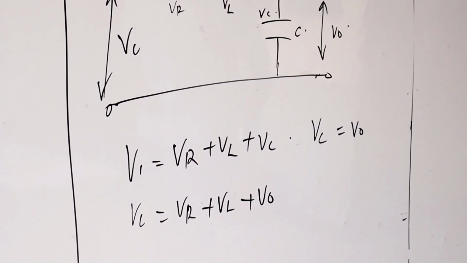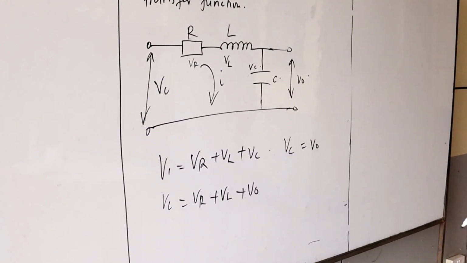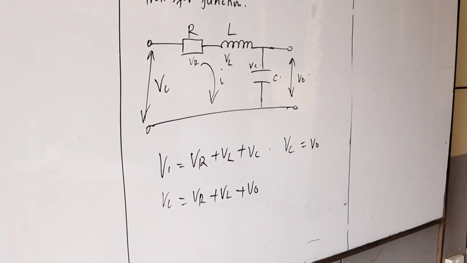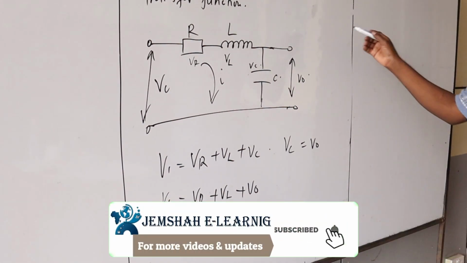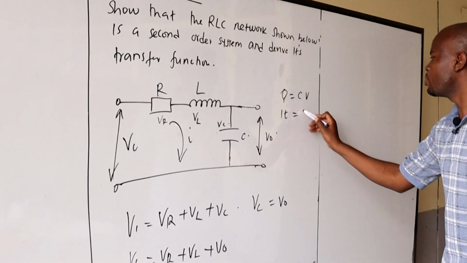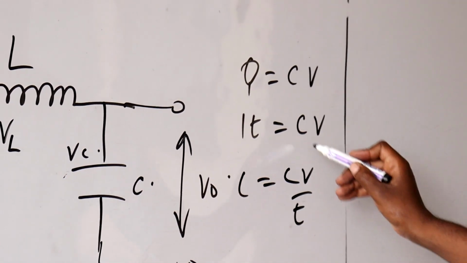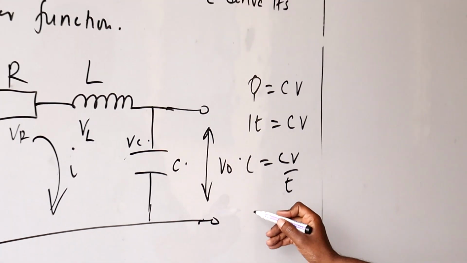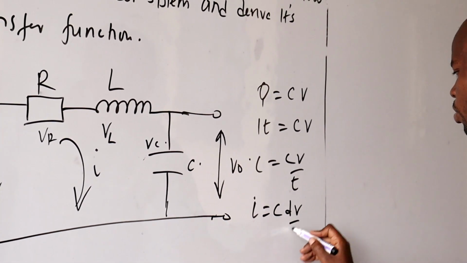Then we can now express the current in terms of the element at the output, which is the capacitor. We know that Q is equal to CV, so I is equal to C dV over dt, of which the capacitance is the only thing that is going to be constant. The rest will be changing.